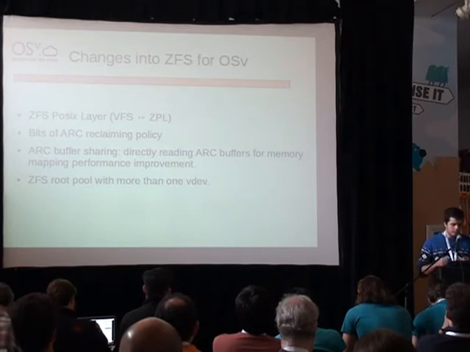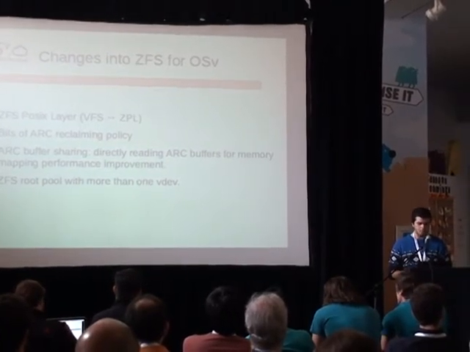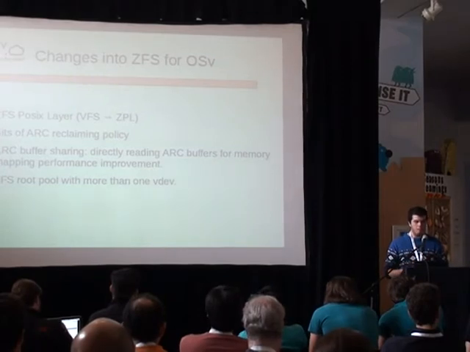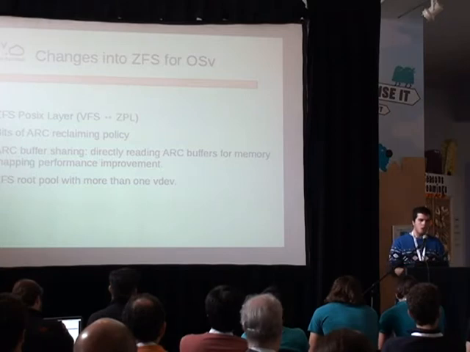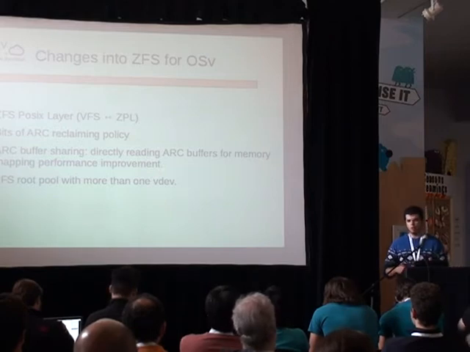And one change that we have done that is very interesting, and we would like to share it with the other platforms as well, is something called ARC buffer sharing. When you do a memory mapping, you go to ARC and you don't need to duplicate that buffer. So you can get that ARC buffer and map it directly to the process address space.